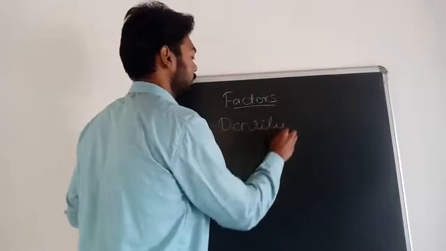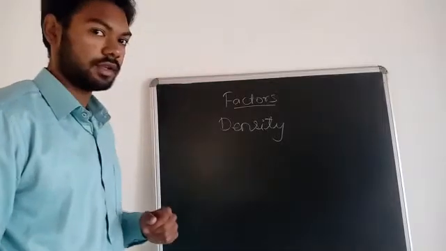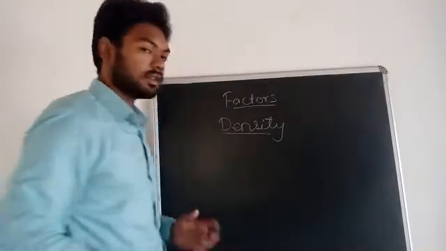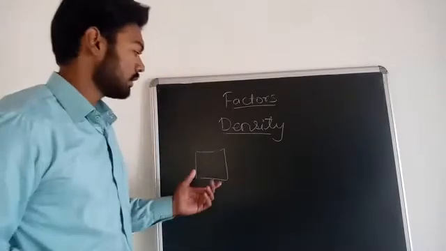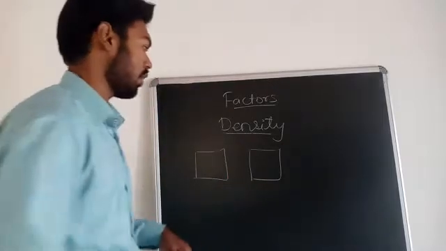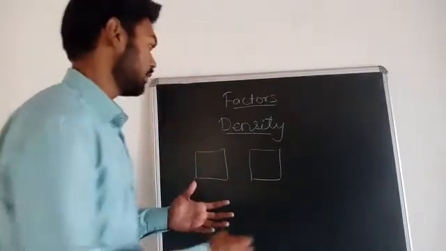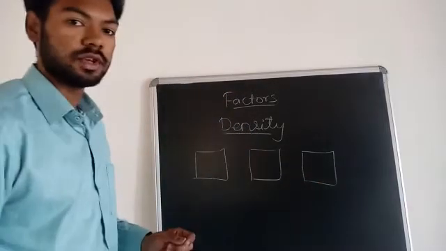Now you might have heard about this word density in your physics or chemistry. So what is the meaning of this word? Let's see. There is a particular area of an object, like in your physics. First of all, we will see the definition by your physics subject.